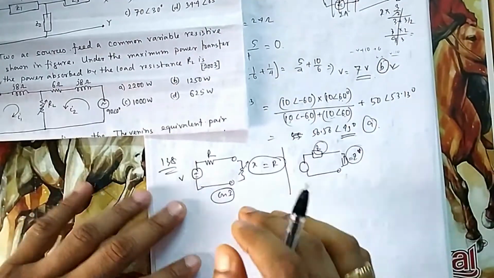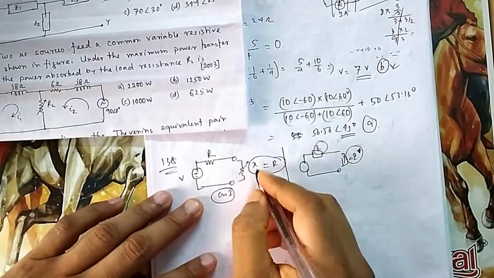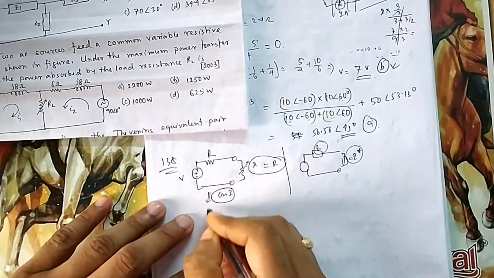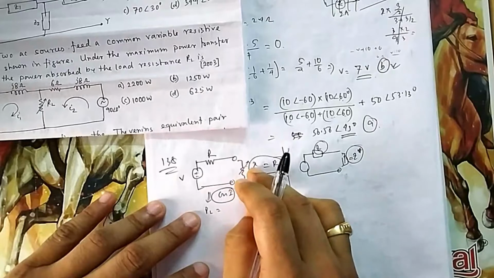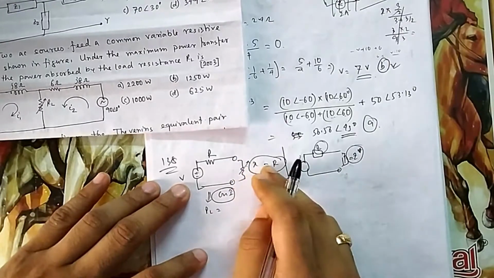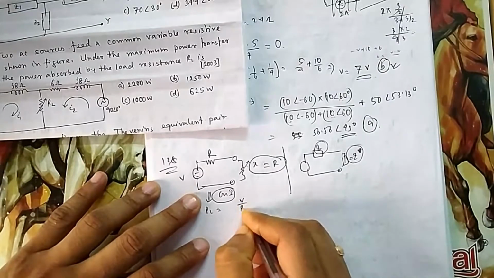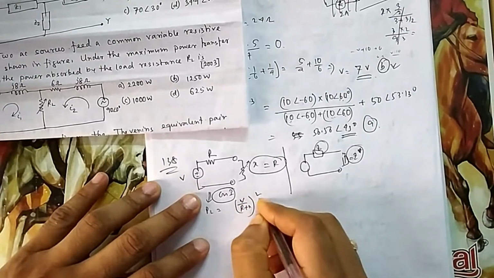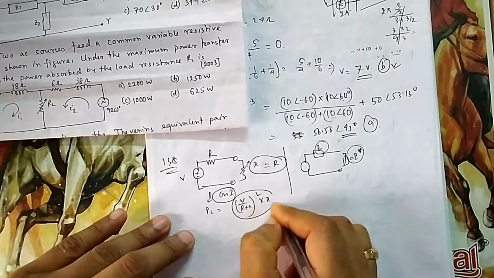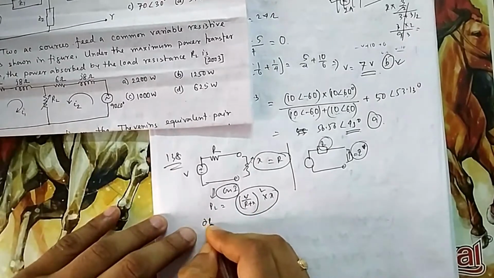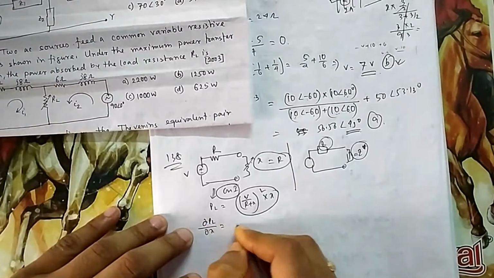But from where does it come? It comes from calculating the power here. What is the power of this load? I squared into X, suppose. So what is I? That is V by (R plus X) whole squared, multiplied by X. So actually, from where it comes, you differentiate this with respect to X, then make it 0.